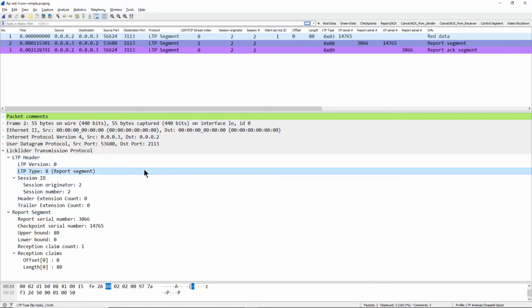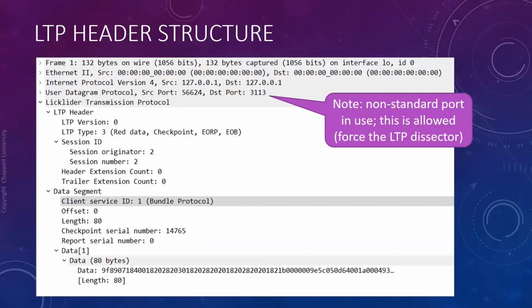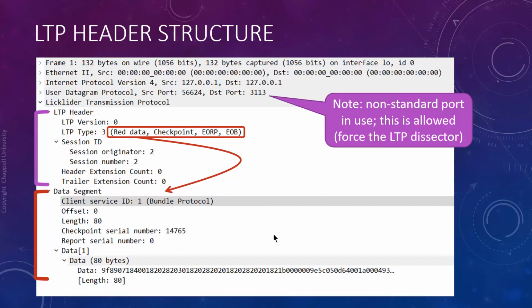This is not a data packet, so we don't see a reference to bundle. Instead, we see the report information. I've denoted that on this slide as well, this idea that you have this static LTP header, and whatever's in that type field will define what you see next.